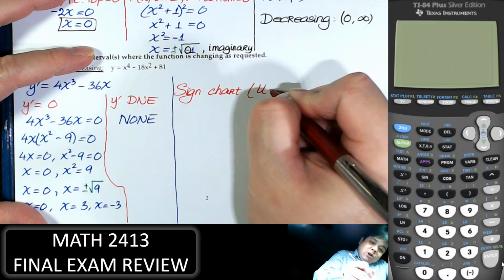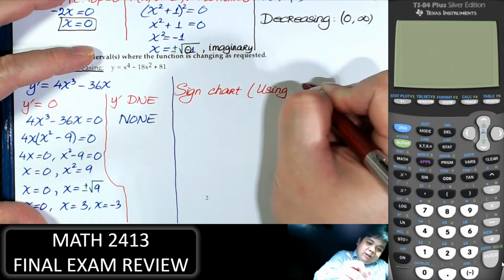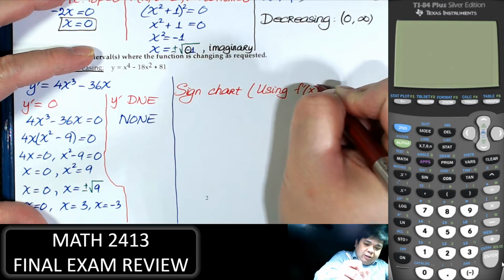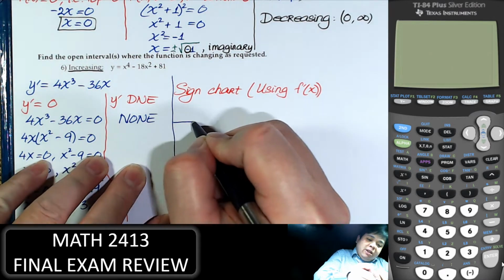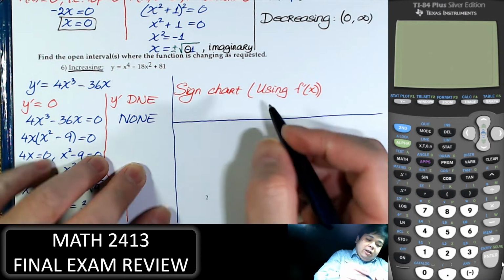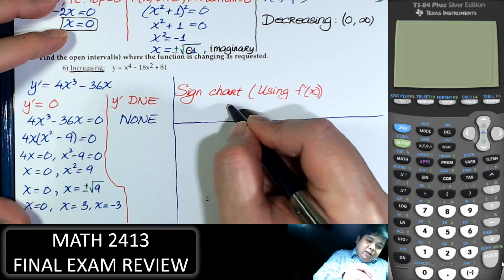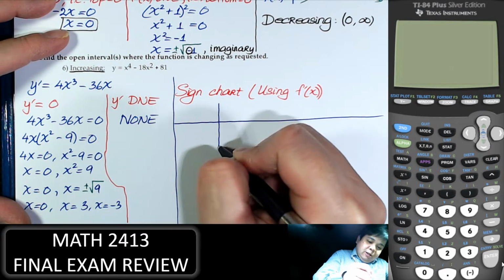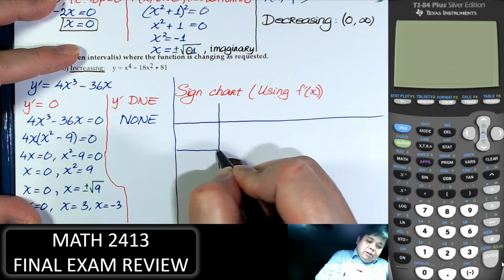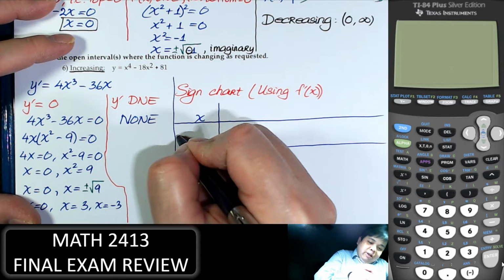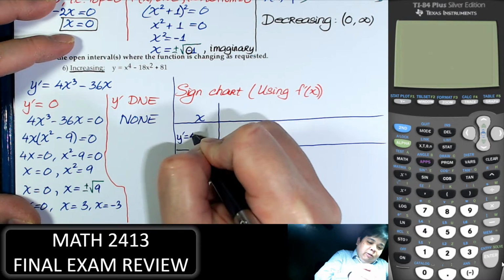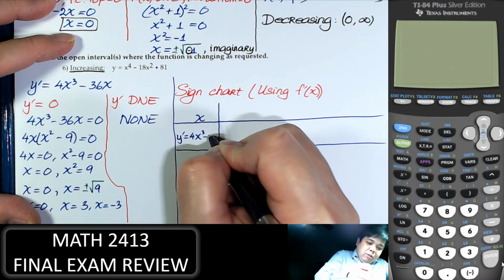And the sign chart uses the derivative. Derivative positive means increasing, negative means decreasing. Right. X, and then the derivative, 4x cubed minus 36x.